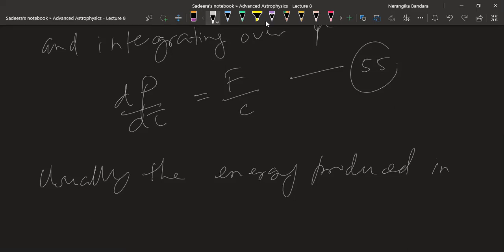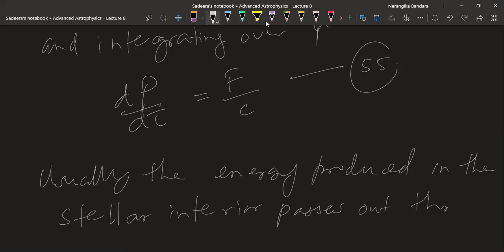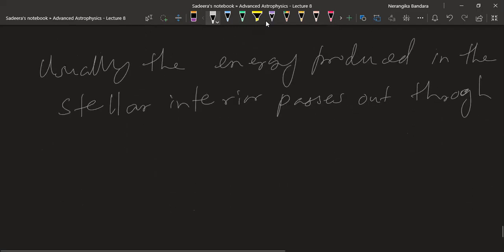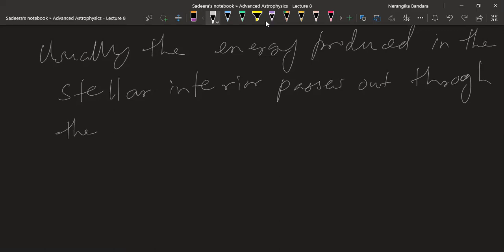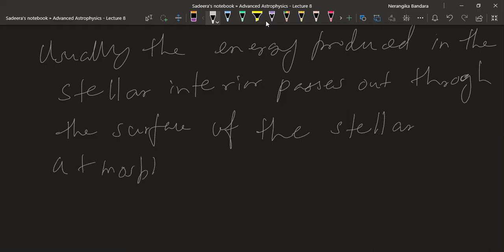In the stellar interior, energy passes out through the surface of the stellar atmosphere as a constant flux of energy.